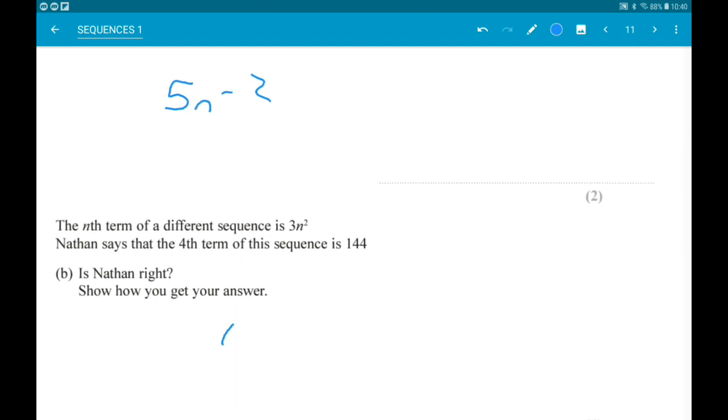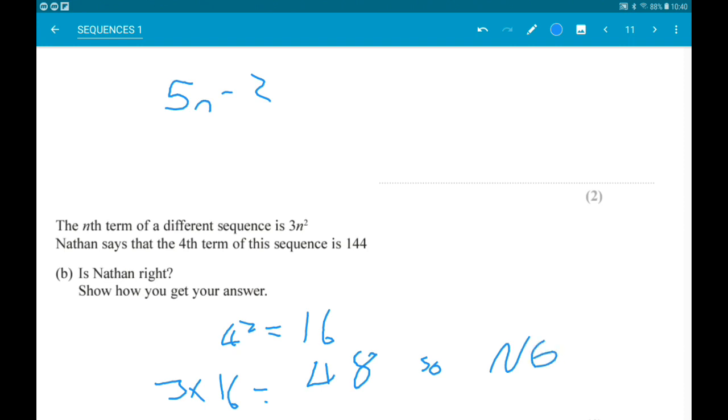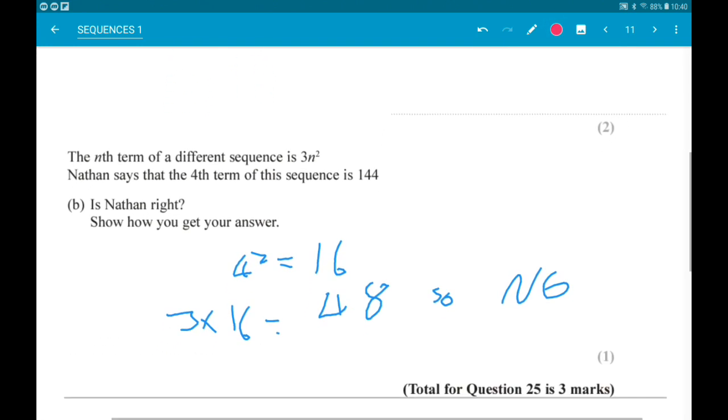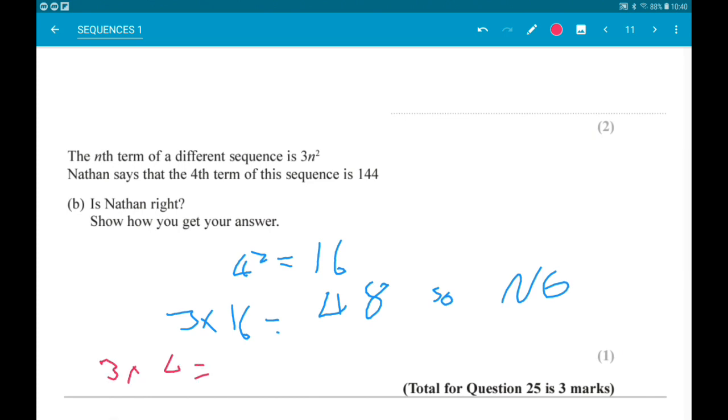So, 4 squared is 16. 3 times 16 is 48. So, is Nathan correct? No. What Nathan's done is he's done 3 times 4 is 12, and then 12 squared is 144, which is not correct.